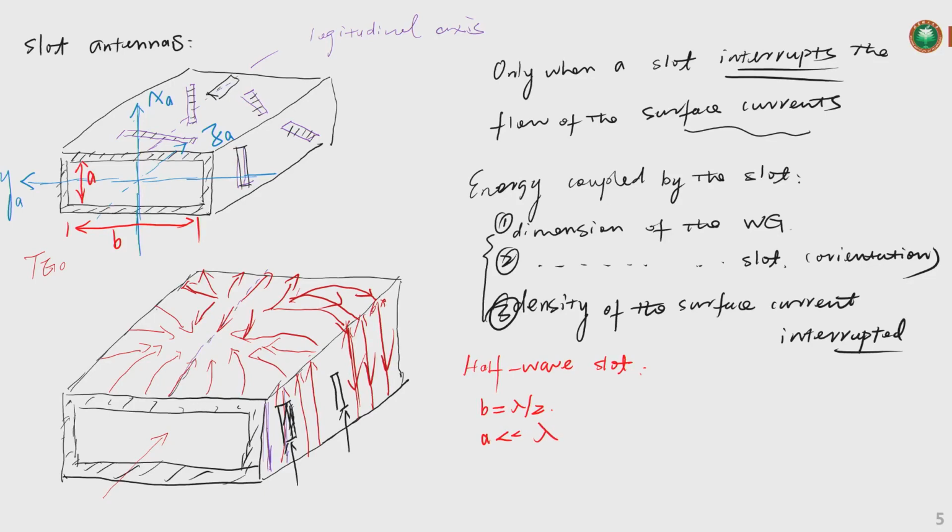So for such a rectangular waveguide, what is it going to behave like? Because it is much smaller than lambda, it's going to look like a small component, a half-wavelength half-wave dipole.